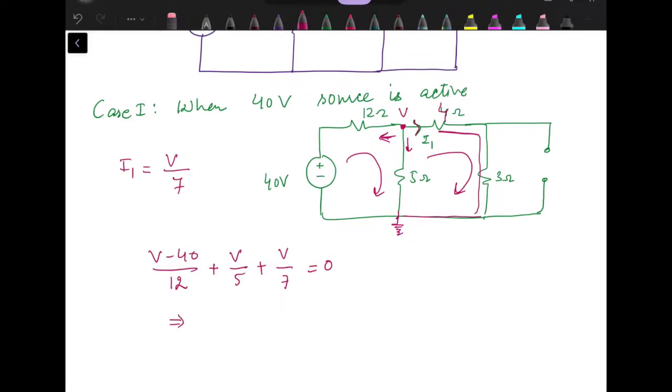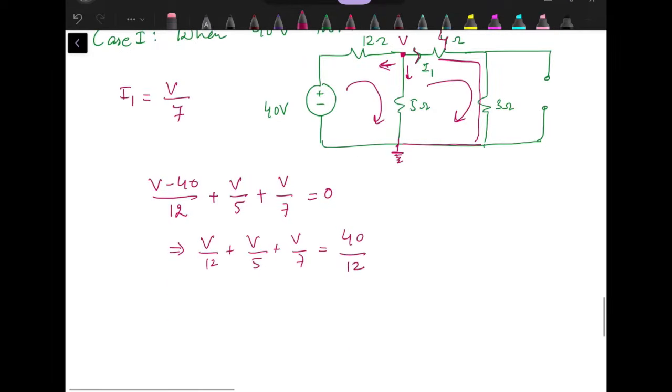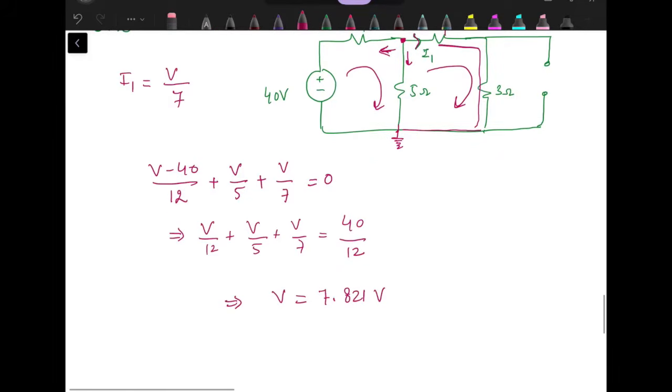So what we get from here is V by 12 plus V by 5 plus V by 7 equal to 40 by 12. And when we solve it, we get V as 7.821 volt. Now you can check these answers on your own, whether you are getting the same answers or different. You can verify it by mesh analysis as well.